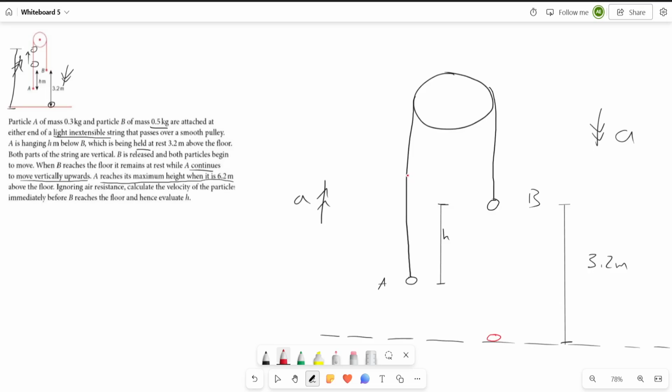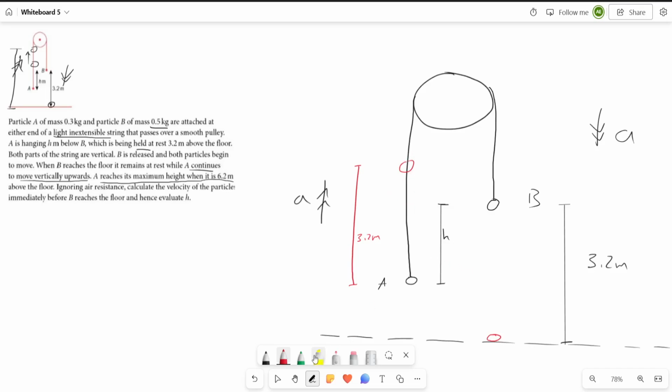A is going to be over here, right? So if B moved 3.2 meters down, A should have moved 3.2 meters up. And then after that, A is not going to stop immediately. A still has some inertia, even though there are no forces acting on A except its weight.